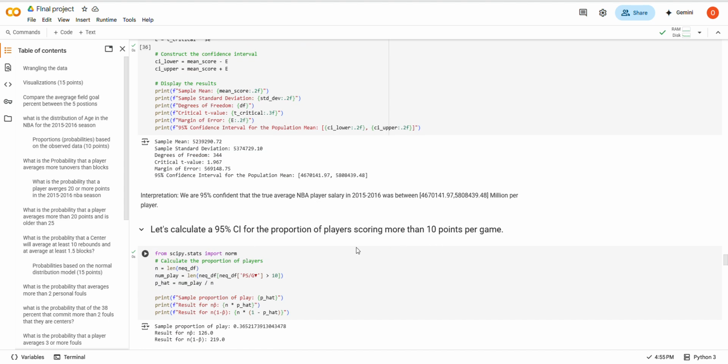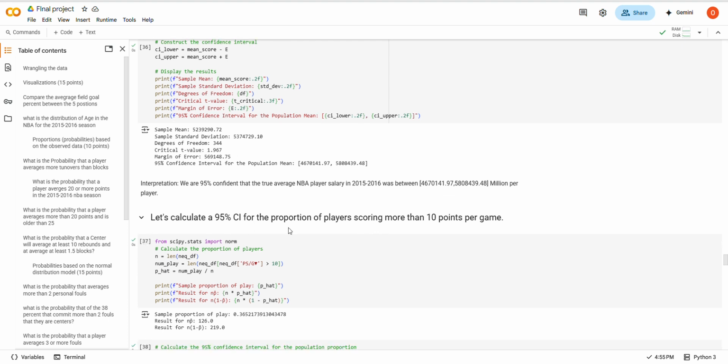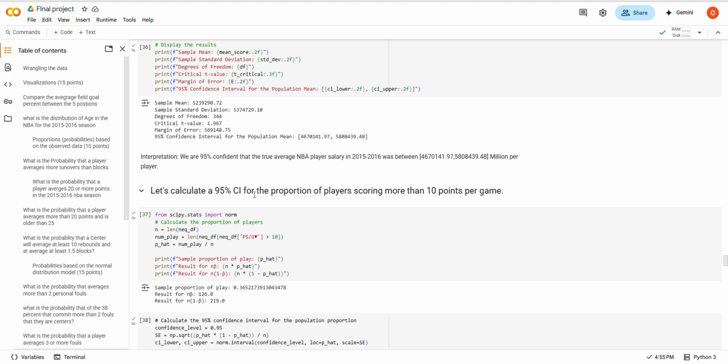And then for our last question, let's calculate the 95% confidence interval for the proportion of players scoring more than 10 points per game. In order to do that, the first thing we did was get the number of players that scored more than 10 points per game, and we stored it in NumPlay right here.